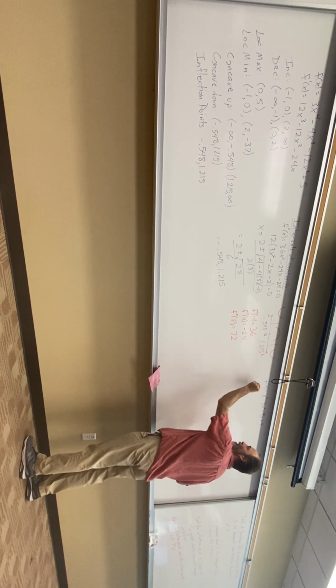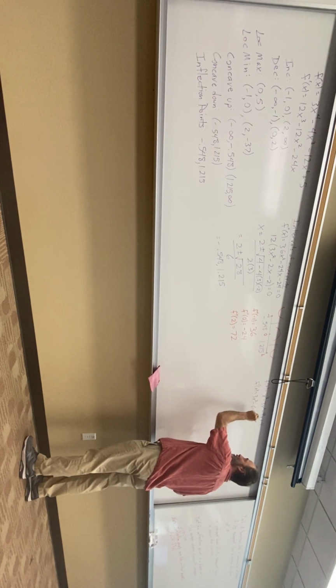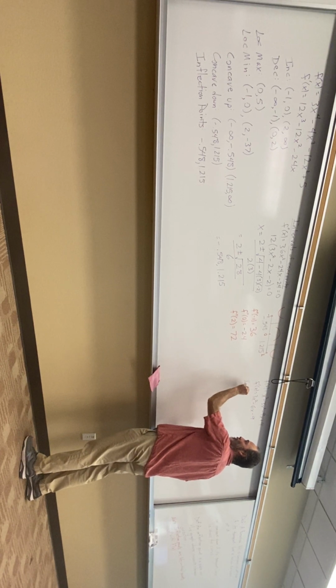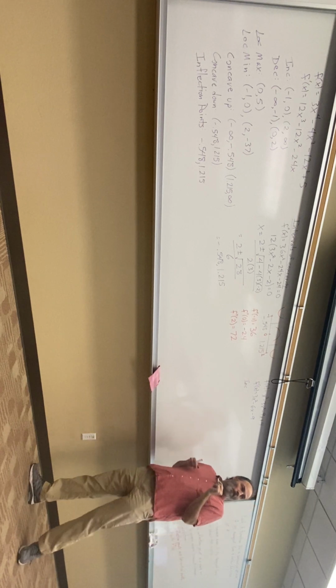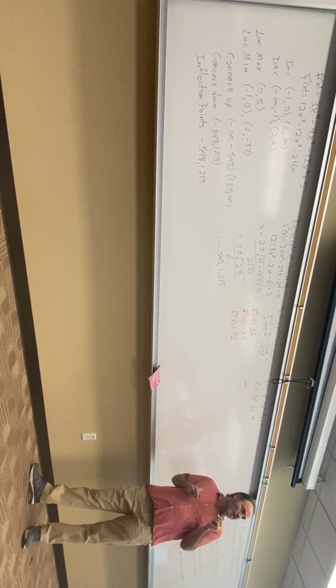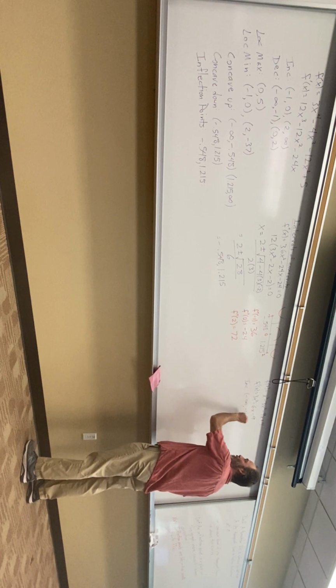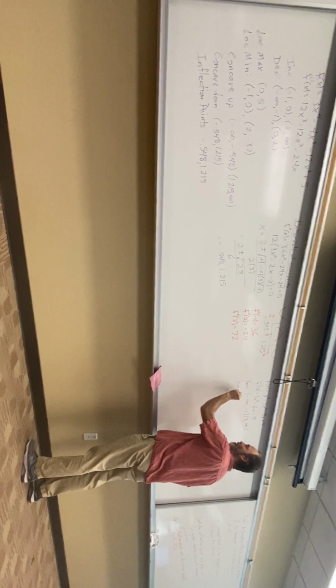Okay, and so we had f prime of x is 3x squared minus 6x minus 9. And this was increasing on what interval? Negative infinity to negative 1, and then 3 to infinity. Increasing.